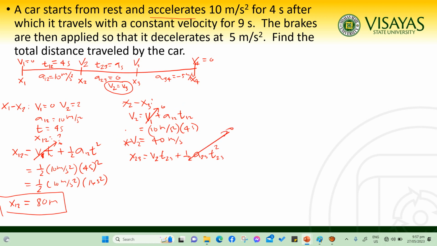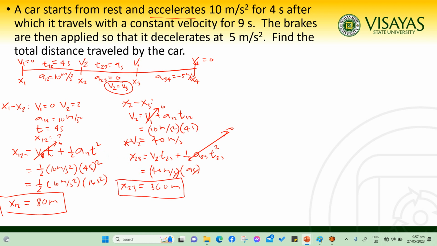So what remains is v2 times t23. The velocity is 40 meters per second, times the time, which is 9 seconds. So we'll have 360 meters, that is x23.